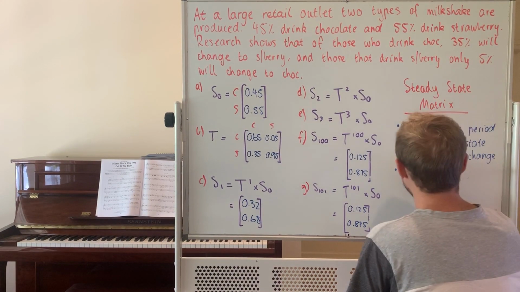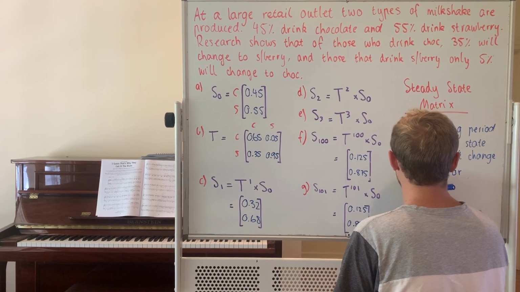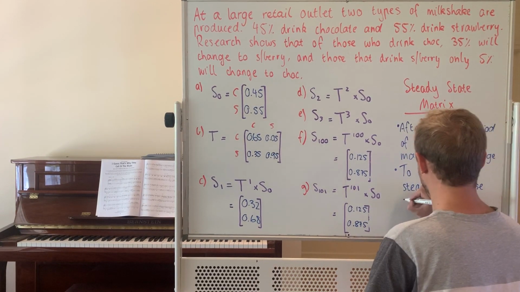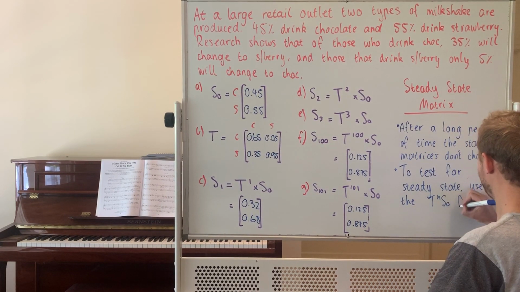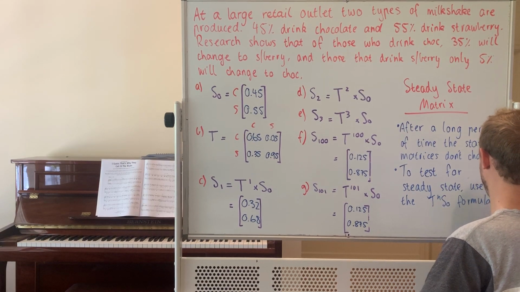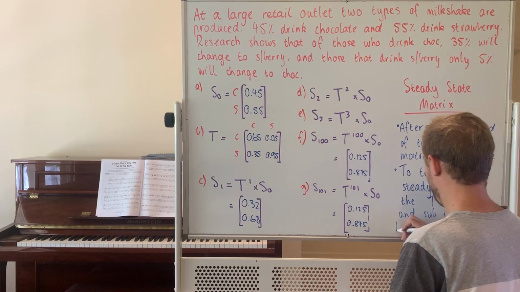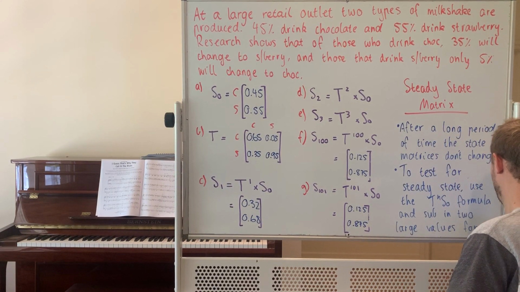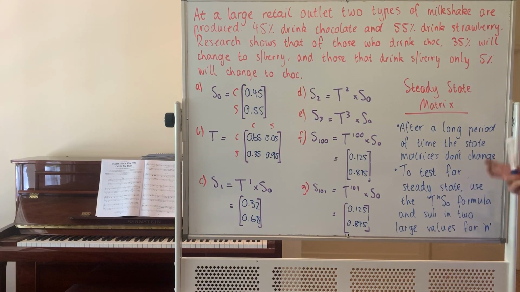So to test for steady state, use the T to the n times S0 formula and sub in two large values for n. If they haven't changed, that means you've found the steady state.